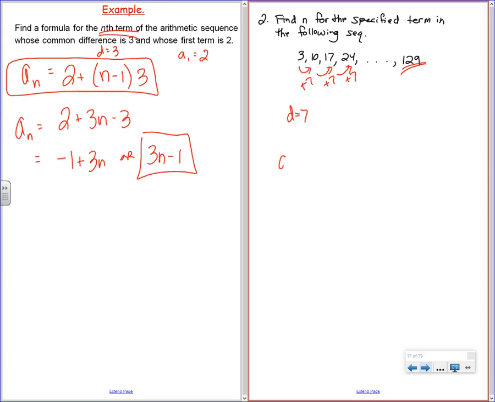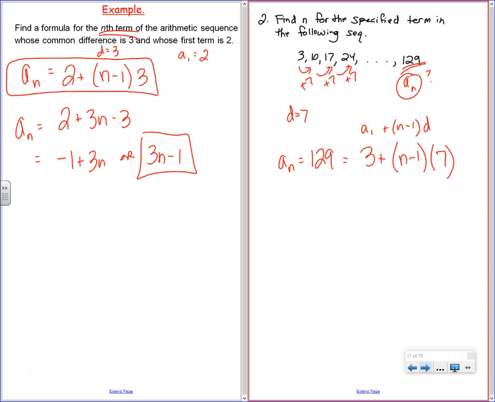You could say, you know what? There's a time when the nth term will be 129. I'm not sure when, but let me go back and use the formula. Use a sub 1, which is 3. Add to it n minus 1 times d. I don't know n, that's what I want to figure out. But I do know d.